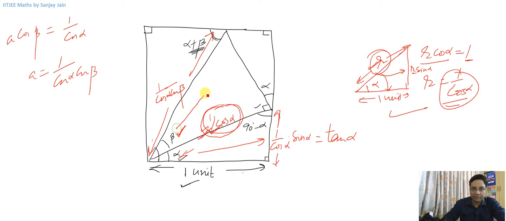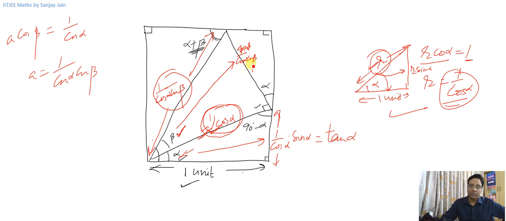Now what can you say about this length here? This is opposite to angle beta, so it will be this length multiplied by sine beta. So it will become 1 by cos alpha cos beta into sine beta.